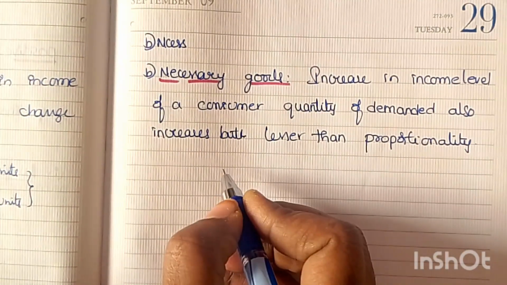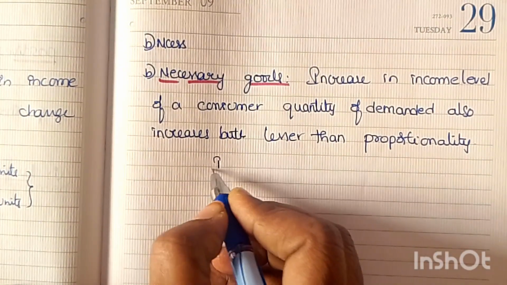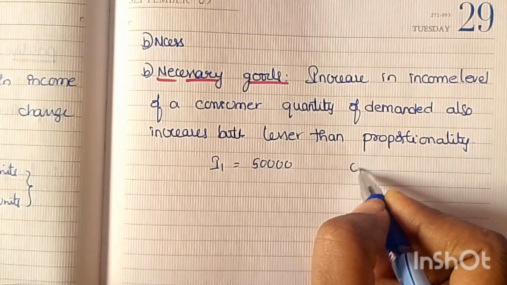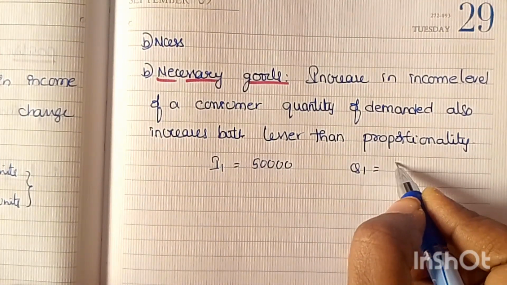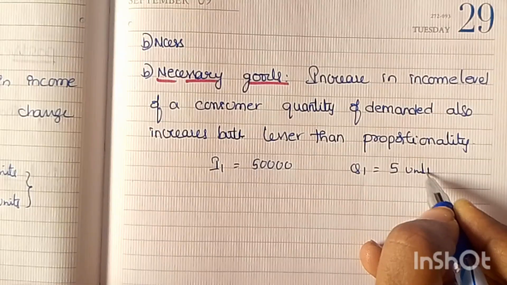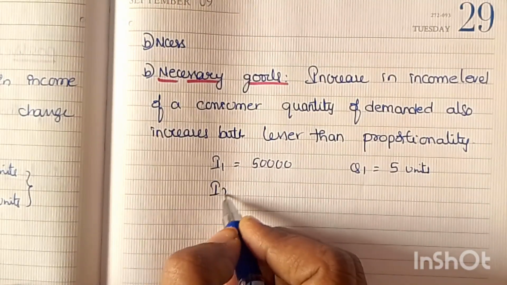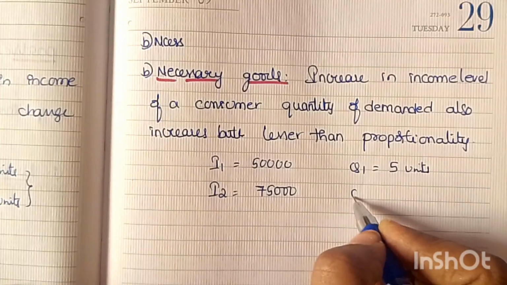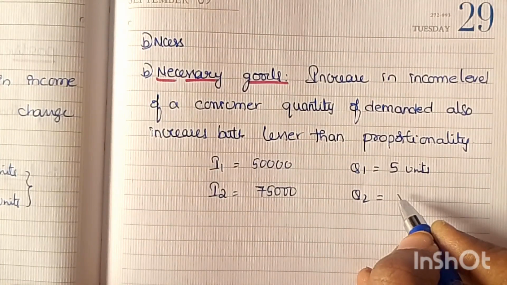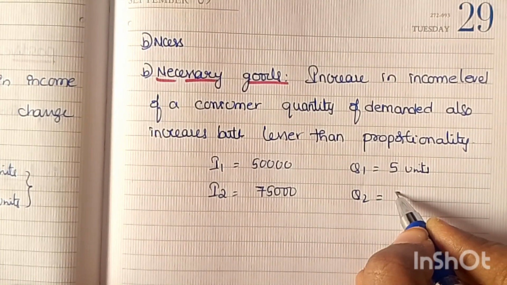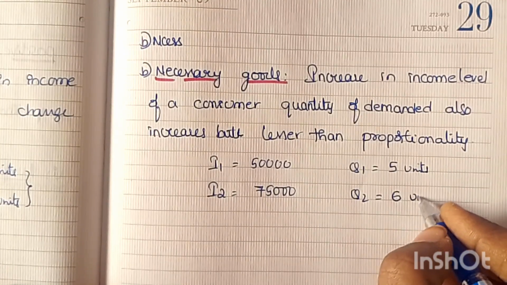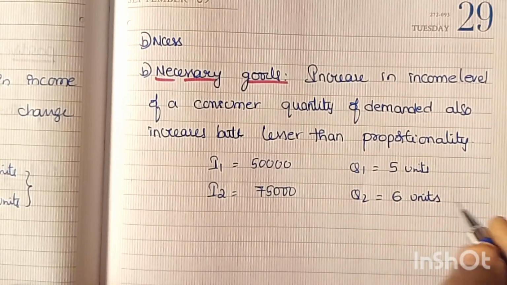Let us understand with an example. Suppose the person's income level is 50,000, then the quantity demanded for that particular product is 5 units, and income increases to 75,000. Then the quantity demanded also increases, but less proportionately. The change is very small. This happens in necessary goods.